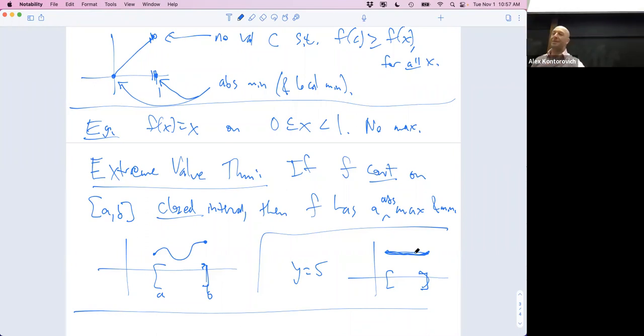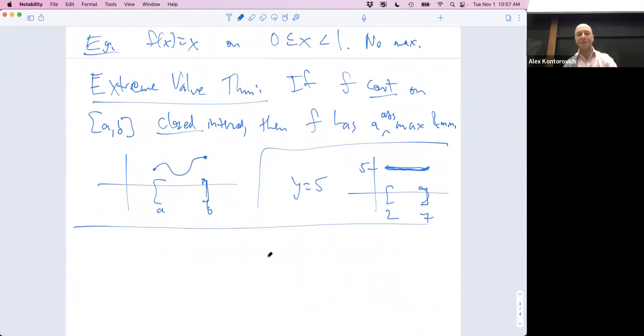Sid. Sure. Yeah, all of the values from 2 to 7 are all maxes if this function takes the value. They're all absolute maxes, they're all local maxes, they're all local mins, and they're all absolute mins. Okay.